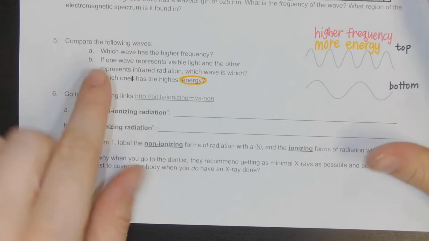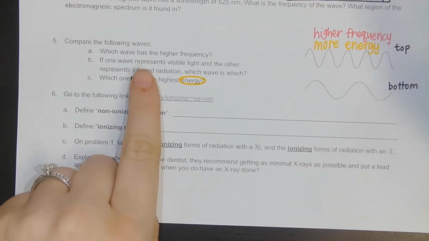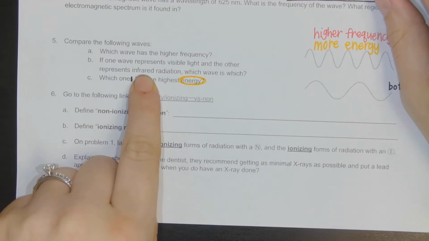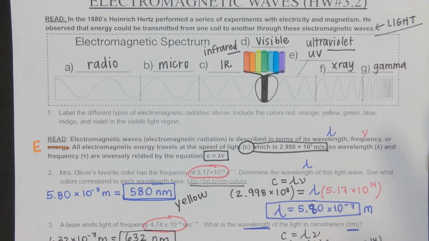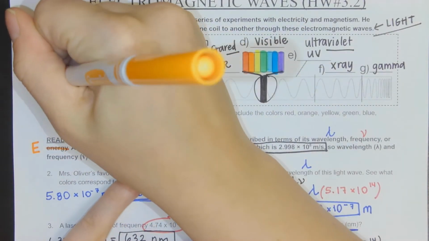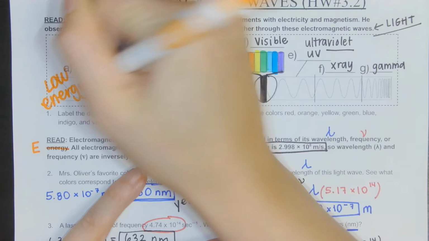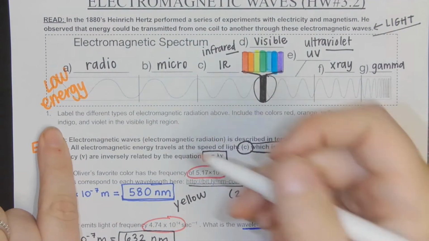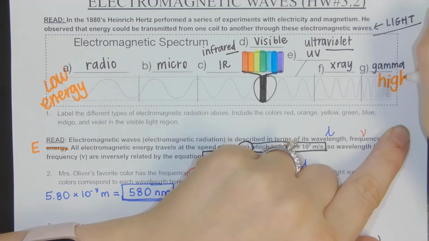So the second question, where I'm trying to figure out infrared versus visible light. Back up here on the top, I want you to take your orange or your yellow or whatever color you're using for energy, and over here, write low energy, and on this side, we have high energy.